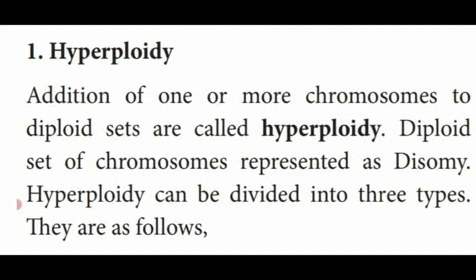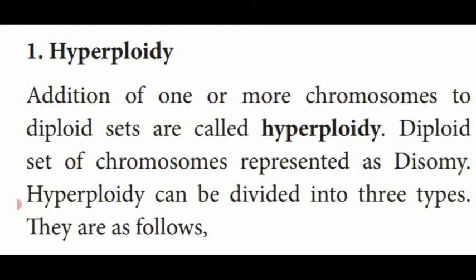It is the process occurring within the diploid number of chromosomes by adding or deleting one or more chromosomes. The organisms responsible for aneuploidy are known as aneuploids or heteroploids. It is again divided into hyperploidy and hypoploidy. First one, hyperploidy. Hyper, what is the meaning of that? Increase, isn't it? So addition of one or more chromosomes to the diploid set is called hyperploidy.